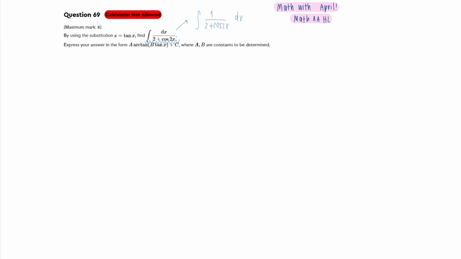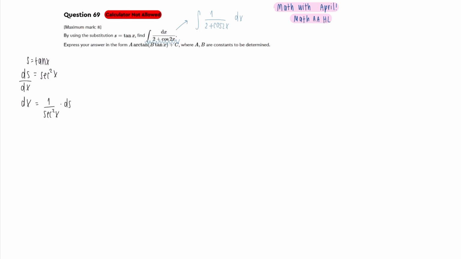So anyways, we know that s is equal to tan x, right? Whenever we see this, I always differentiate, so ds over dx will be equal to sec square x, and dx will be equal to 1 over sec square x times ds.